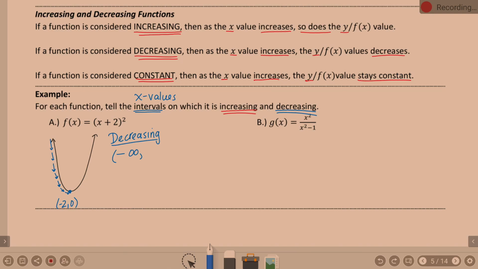That vertex is at negative 2, 0. What's the x value? Negative 2. So we're decreasing from negative infinity to negative 2. That's what it is. Because you're not decreasing when you're at negative 2.